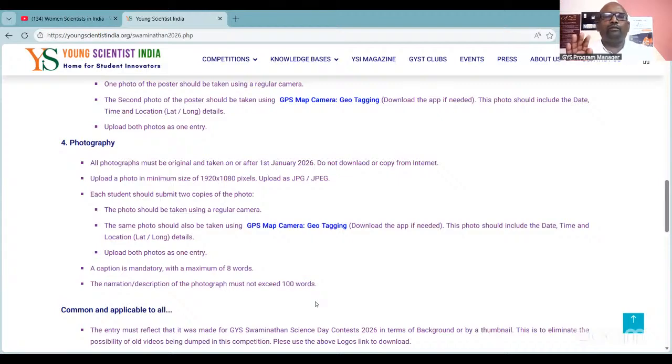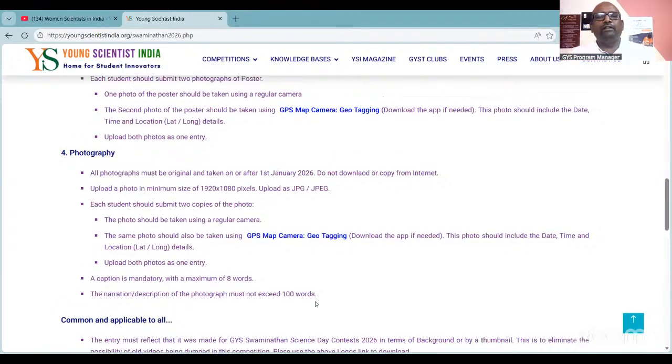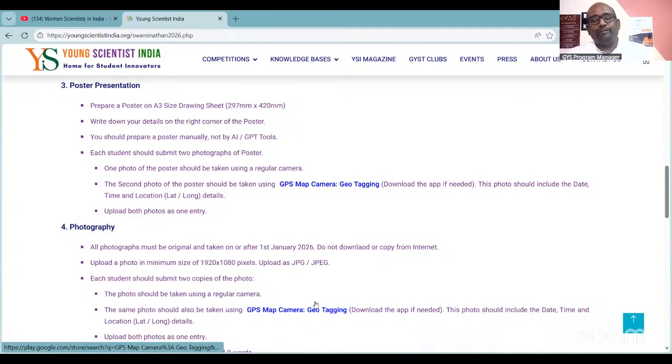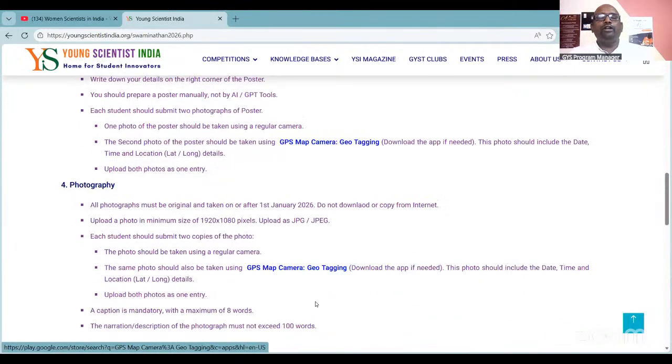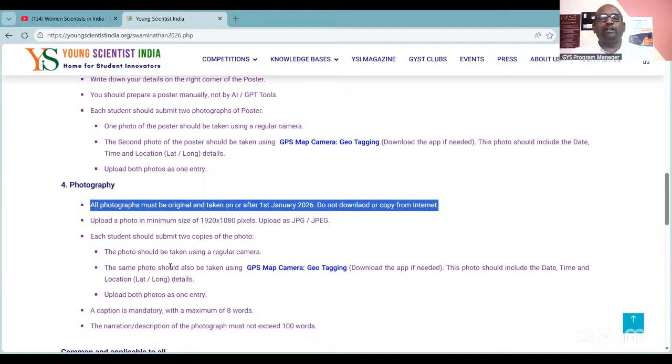Likewise, as with the poster presentation, for this photograph also you have to install GPS map camera. So it should be the latest photograph. Already we mentioned that all photographs must be original and taken on or after 1st January only.